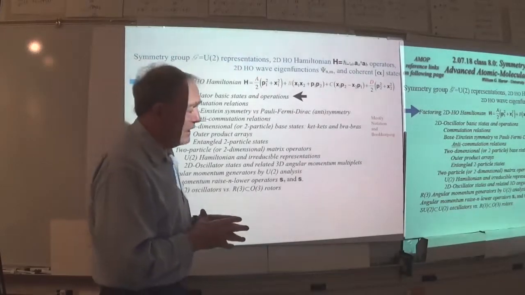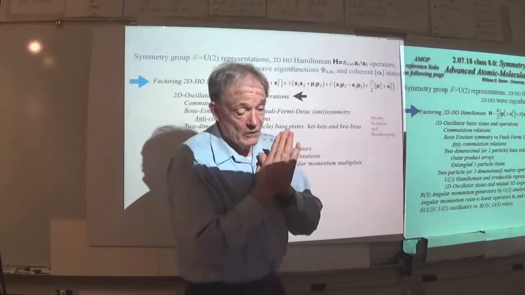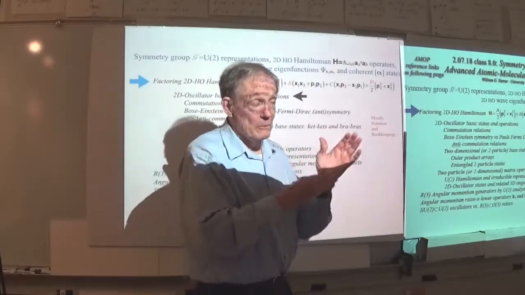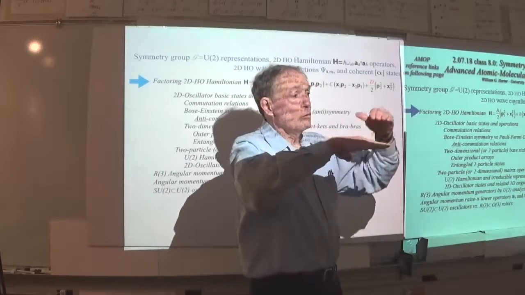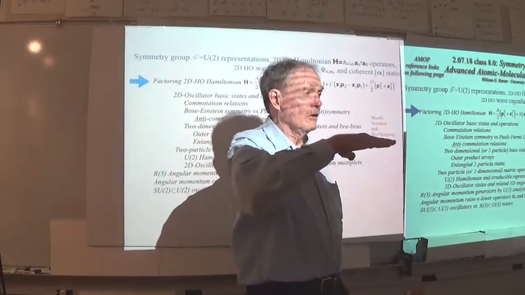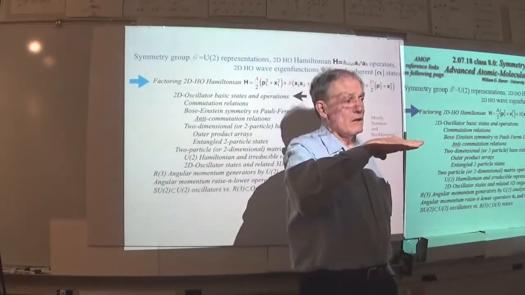But the oscillator as is presented in most quantum mechanics books has a bottom, the so-called vacuum state. And then there's no limit to the energy states that exist above that.